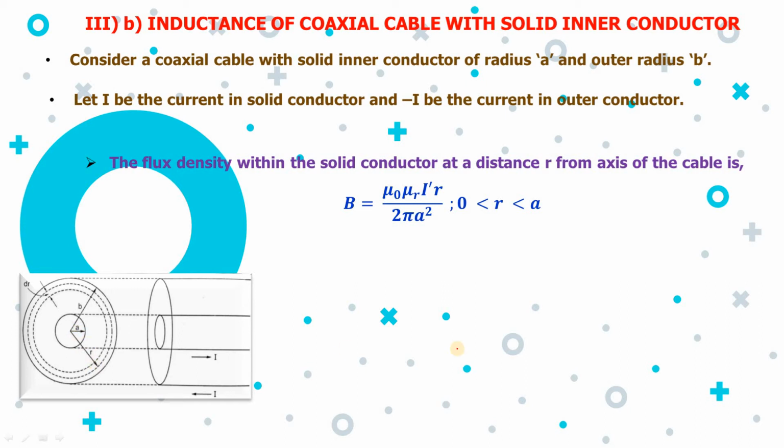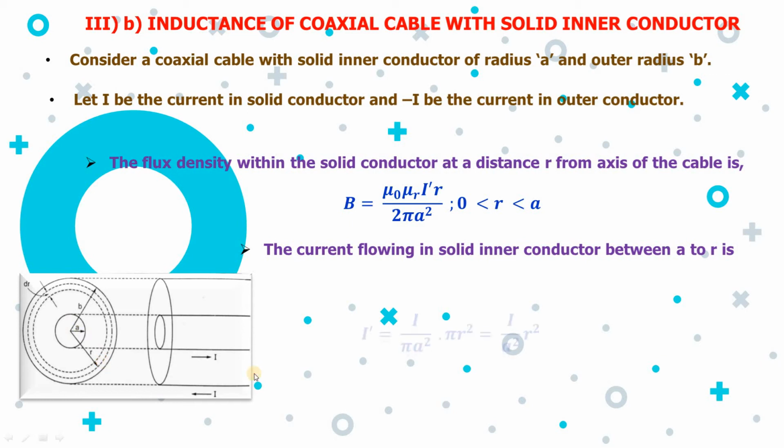So the current flowing in the inner conductor between A to R is given by the expression I dash. Here, what is that I dash?